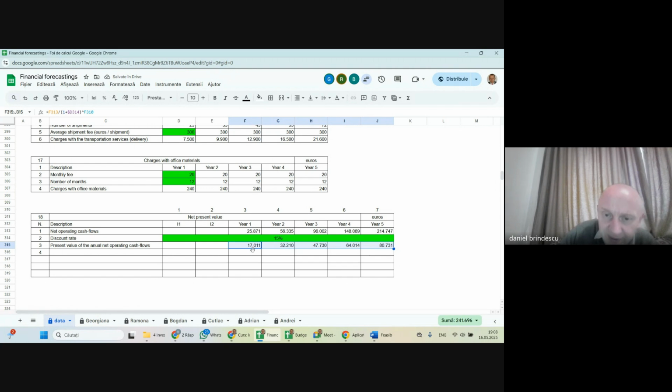It's conceivable that in some cases I would have annual net operating cash flows even during the implementation period. There are investments that allow for partial beginning of the operating activity.